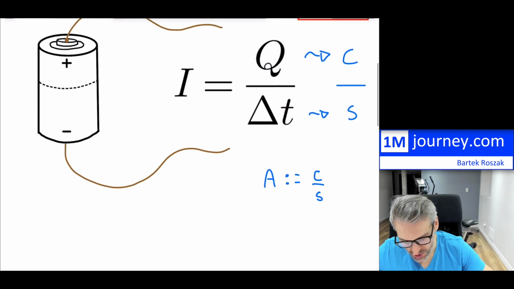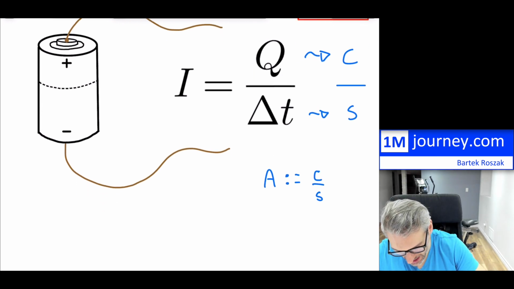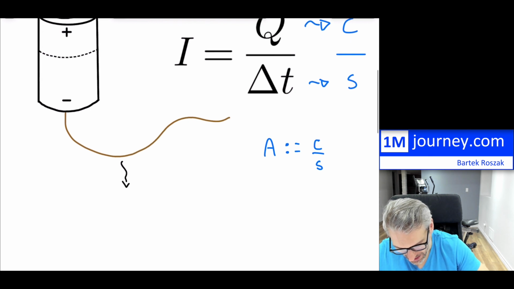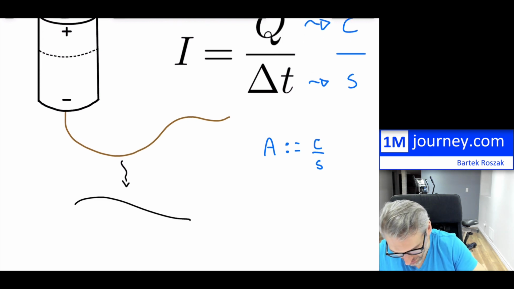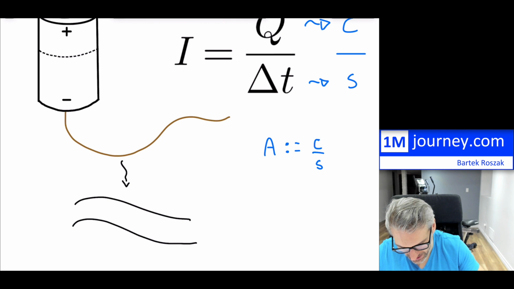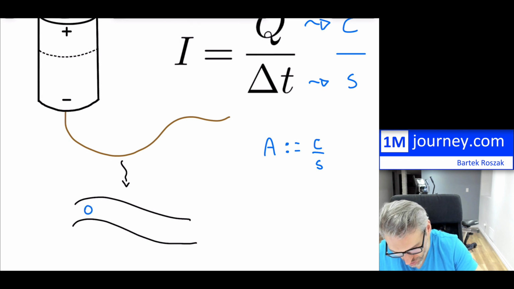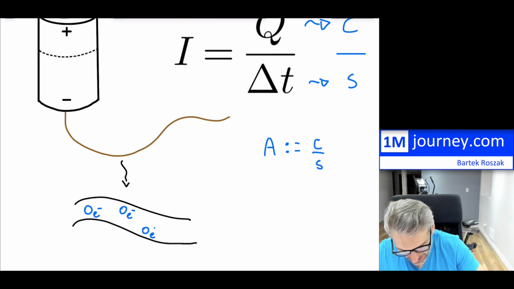Now, if you zoom in, I'm going to take this conductor and zoom in on it. What is happening when we are talking about current is that these are typically designated as just electrons, and these electrons are going to be flowing through. Of course, I'm only going to draw a few.